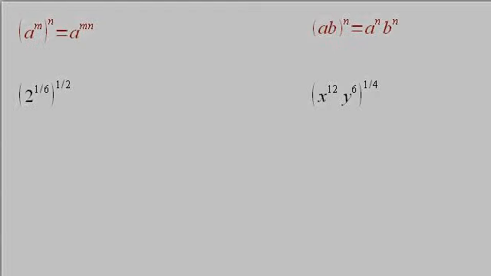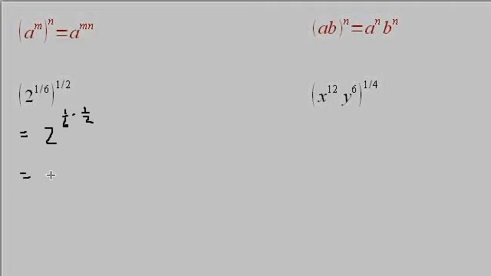Alright, what about this one? I have a to the m raised to the n. So this right here means we multiply the two, the m and the n. So this would be 2 to the 1/6 times 1/2.